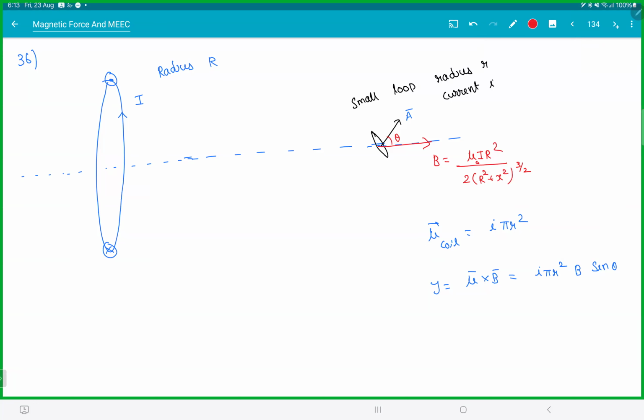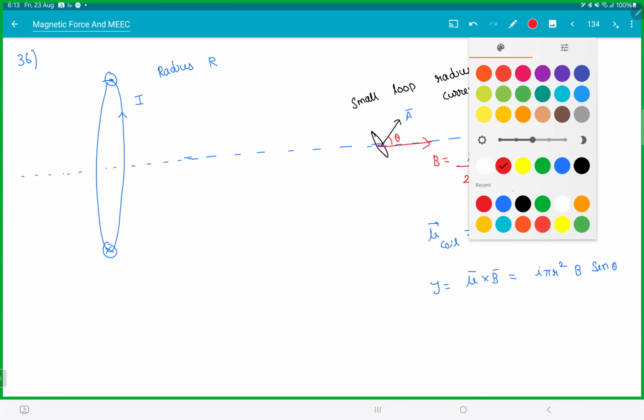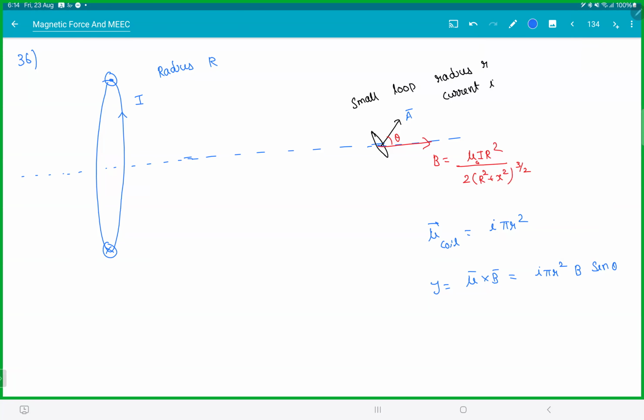So think about it. When you say the torque on a coil, there are only two formulas. Remember, one is torque, and another was potential energy. Do you remember any relation between potential energy and force? You know, F is equal to minus dou U by dou x. Potential energy is minus mu bar dot B bar. So in this case, it would be minus I pi r square B, and that angle is cos theta.